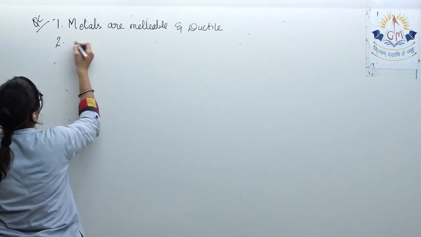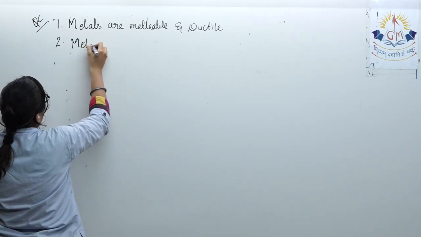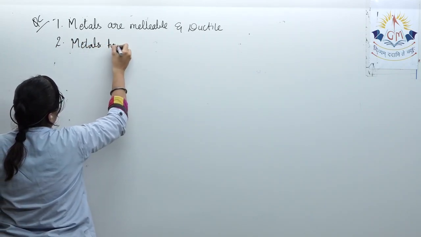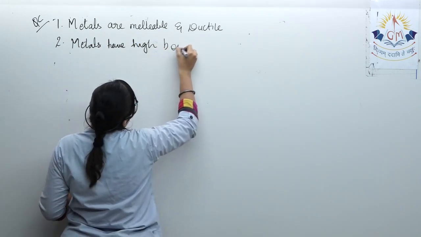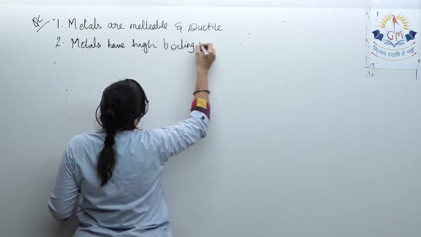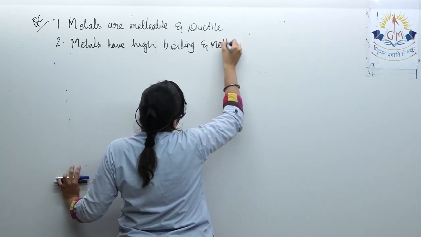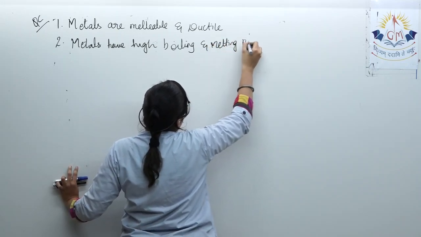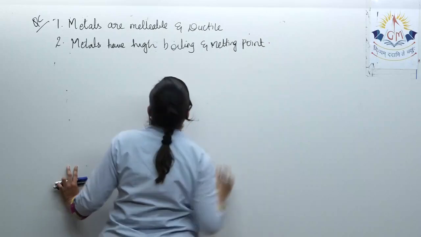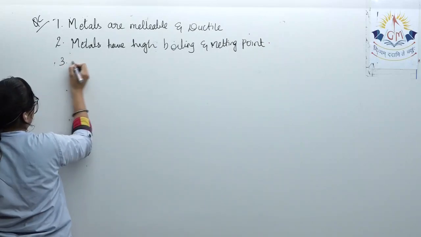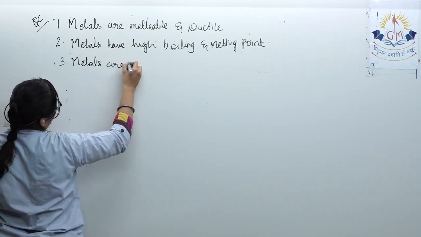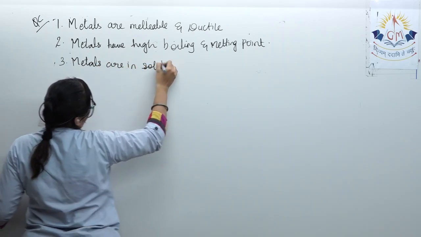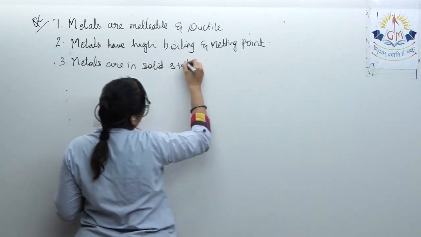Then metals have high boiling point. Metals are in solid state except mercury.